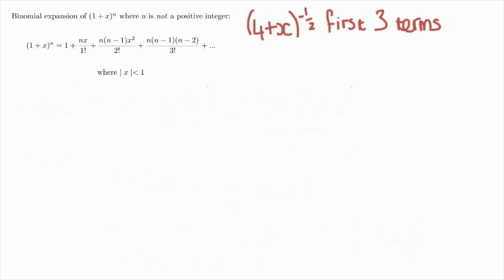Alright, so this time we're going to find the binomial expansion of 4 plus x all to the power of minus a half. And again, we just want the first 3 terms. So notice here we actually don't have this in the form 1 plus x again, so we're just going to have to do some manipulation. So we're going to manipulate this 4 to turn it into a 1.